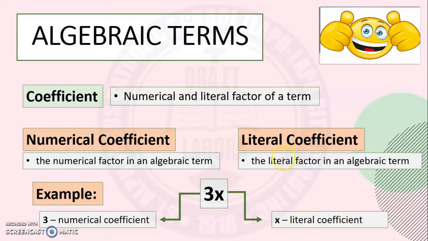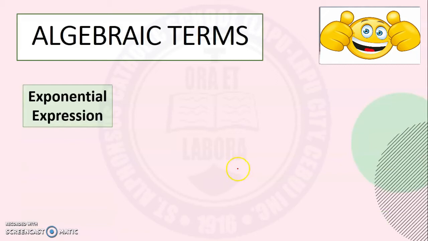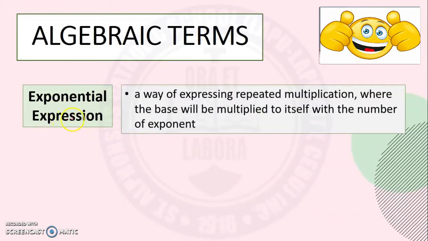Now, let's proceed to another algebraic term, which is exponential expression. Exponential expression comes from the word exponent. It is a way of expressing repeated multiplication, where the base will be multiplied to itself with the number of exponent.